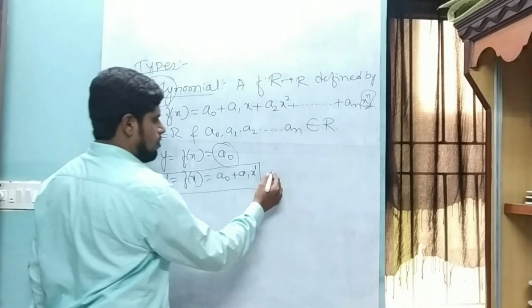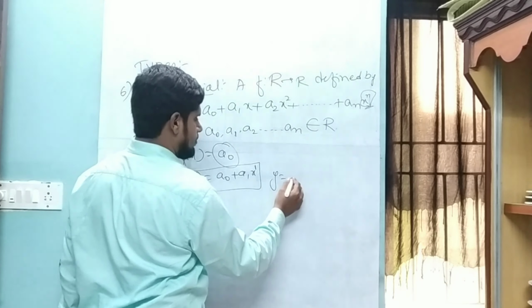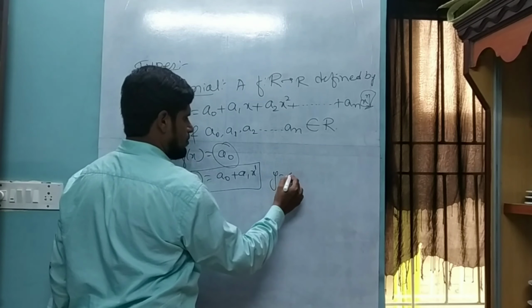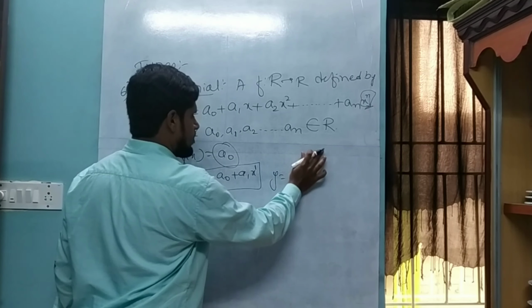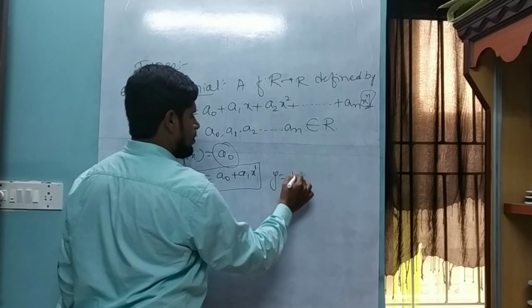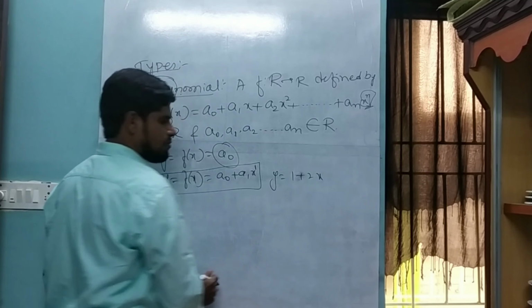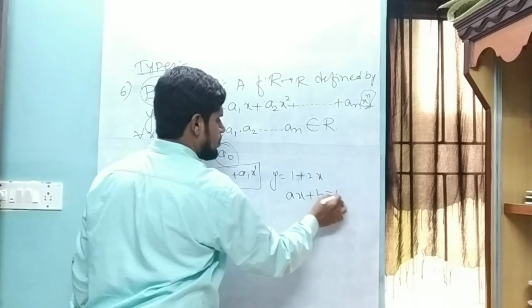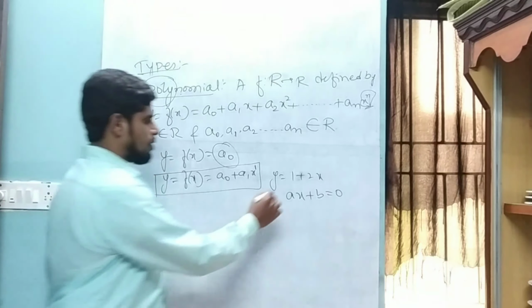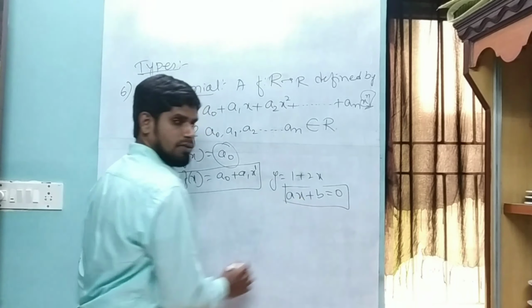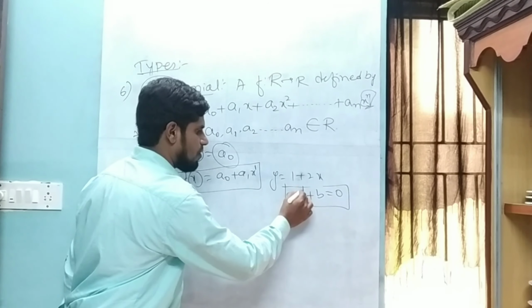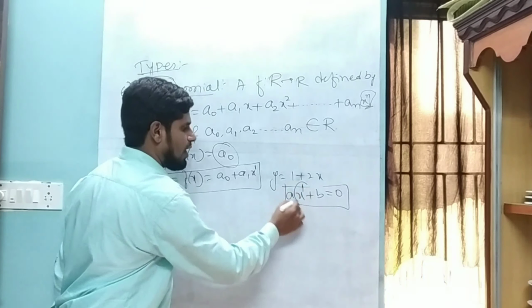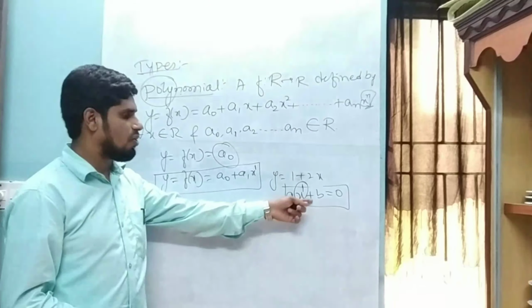Functions like this mean simple values like 1 plus 2x. We studied linear equations, ax plus b is equal to 0. This is a polynomial function of degree 1. Why is its degree 1? Because the highest power of x is 1 and it has only one value of x.